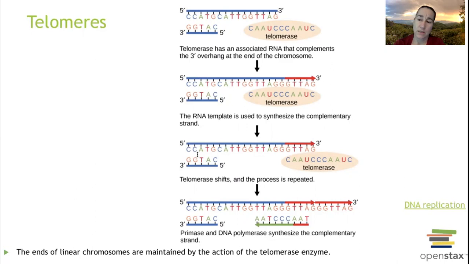They are non-coding DNA sequences, and they repeat hundreds of times, maybe even 1,000 times, so that every time this thing copies, we lose a chunk, but we're not going to dig into the level of the genes until many, many versions of replication later. So we're going to lose a piece of them.